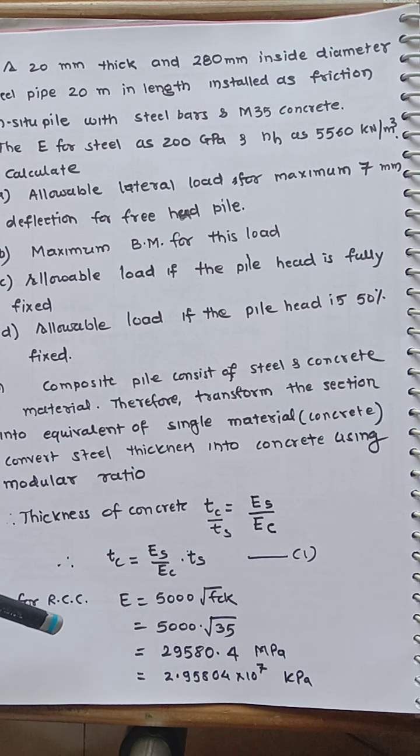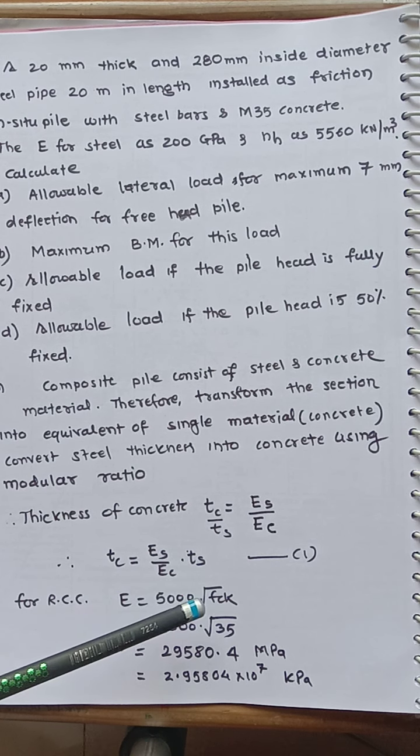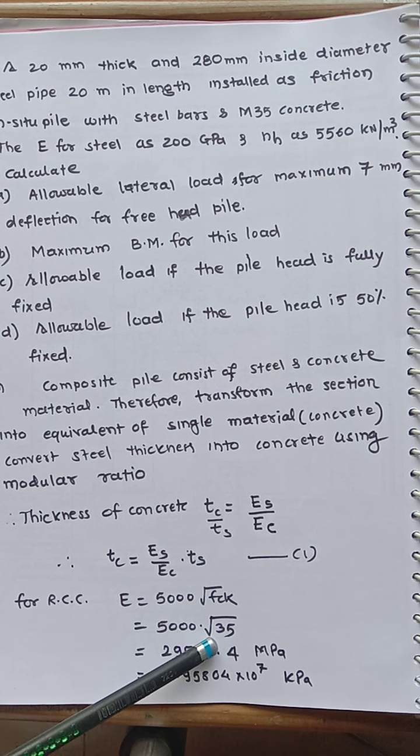So we require the E value of the concrete. 5000 root fck, as per IS 456, gives the modulus of elasticity of an RCC structural member. This is in MPa or Newton per mm square.